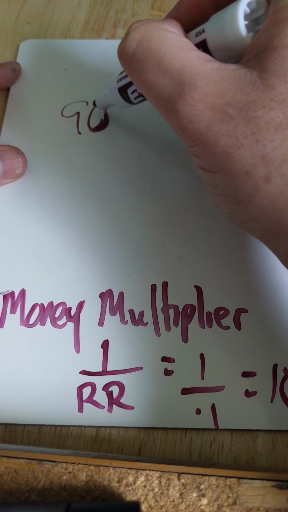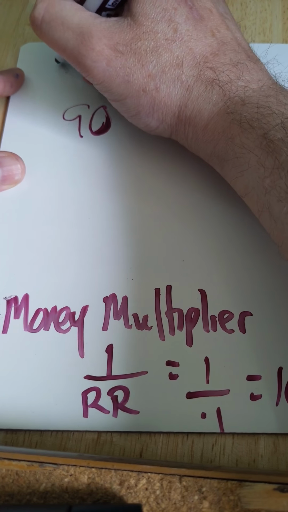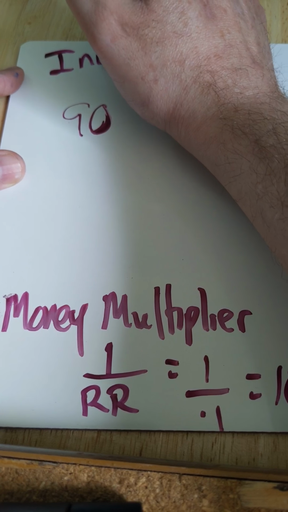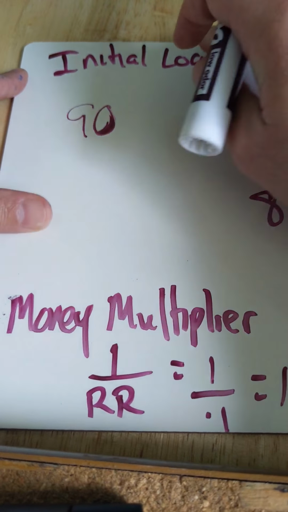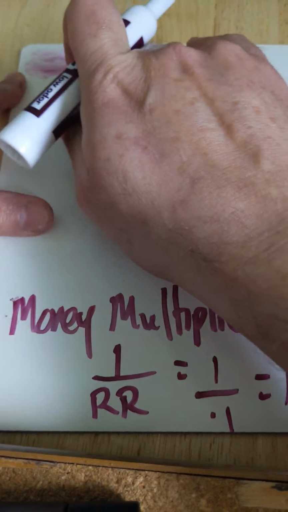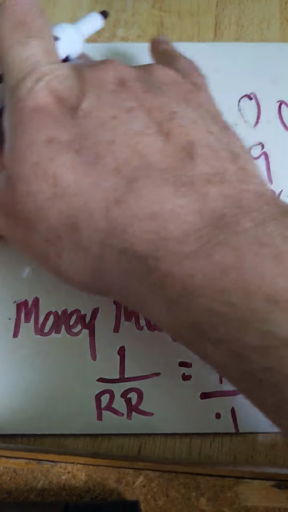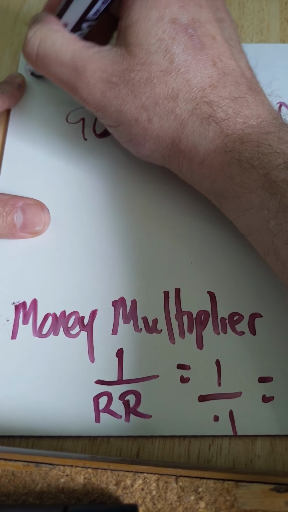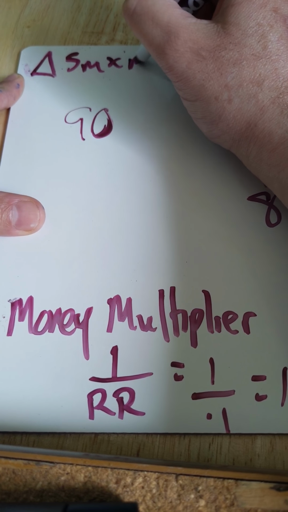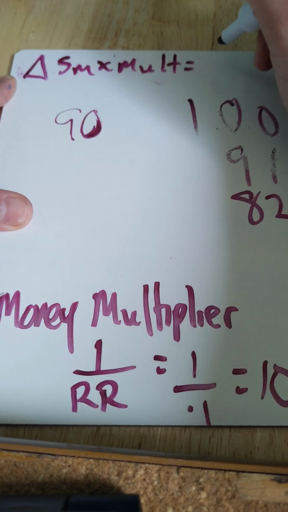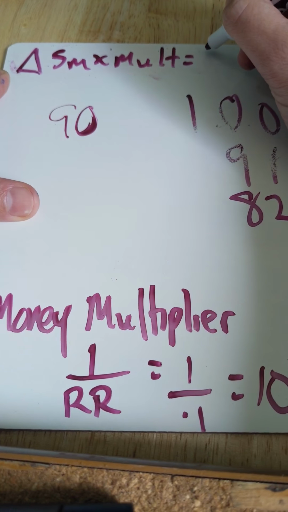So the initial loan, and then the way you apply that is, I'll make it easier for you. It is the initial change in the money supply times multiplier equals total change.